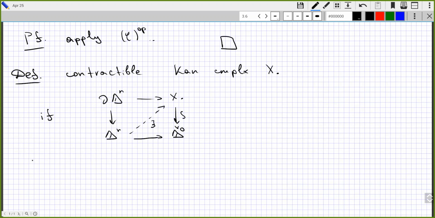That's our definition. What we want to prove at the end of the day, so to say, is an equivalent definition of trivial configuration.